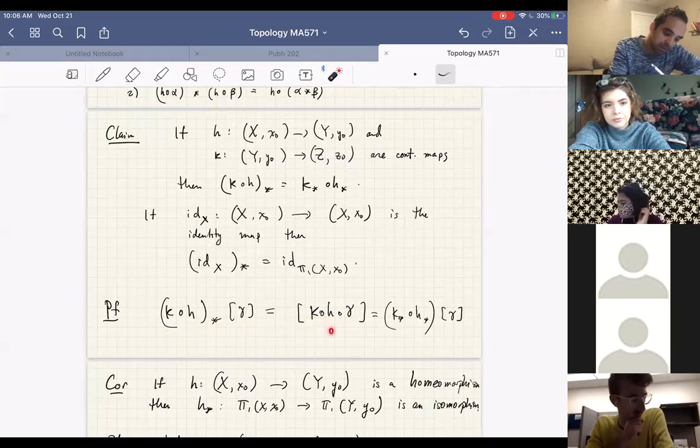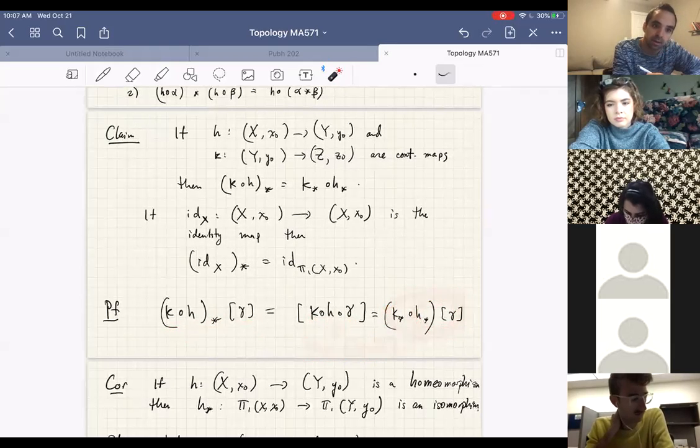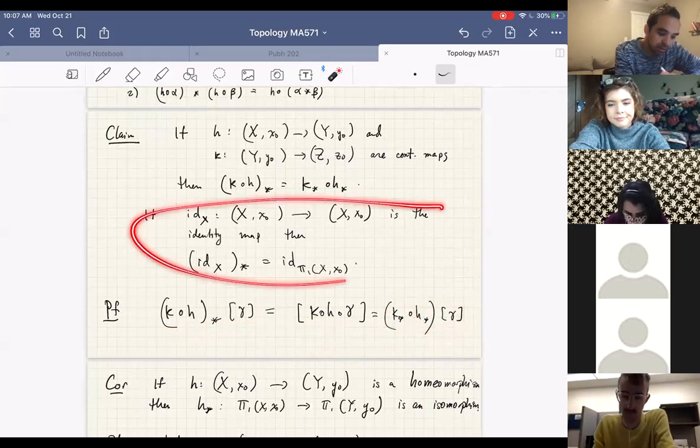But this is the same as K star of H composed with gamma, which is the same as that, right? You first do that and then do that. So that shows that that is the same as that. And this is a triviality as well.